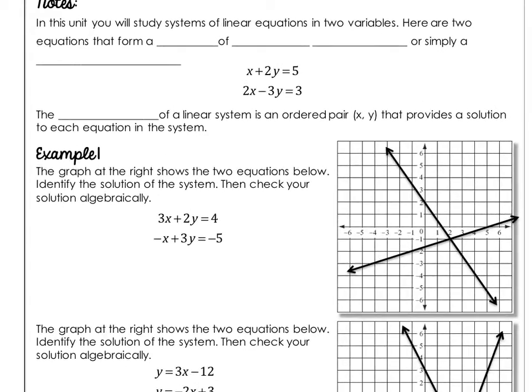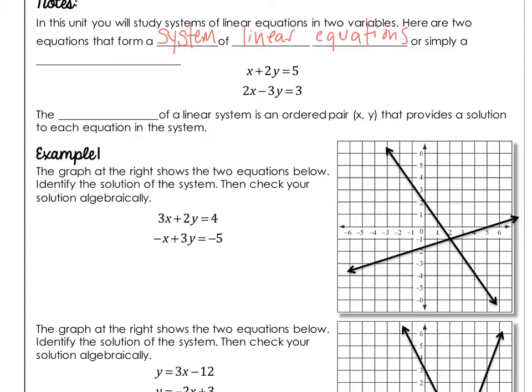We're still going to study systems of linear equations in two variables. That's not changing. Here are two equations that form a system of linear equations. Why do we call them linear equations? Because when we graph them, they make straight lines.